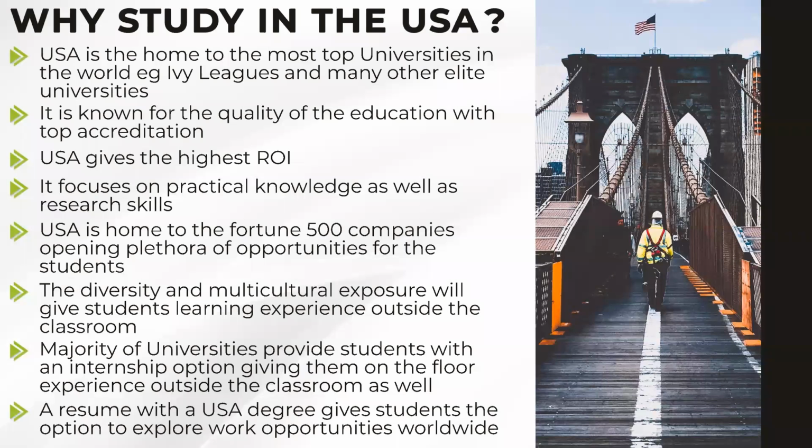Now, one very good part about the USA education system is you will always have an option to choose what kind of program you wish to study, what kind of subjects you want to club together, and how you want your study experience to be like. There are many students who believe they are great in theory and they wish to study in that particular manner. So in this way, you can choose an MS program which has an option of theory and research.